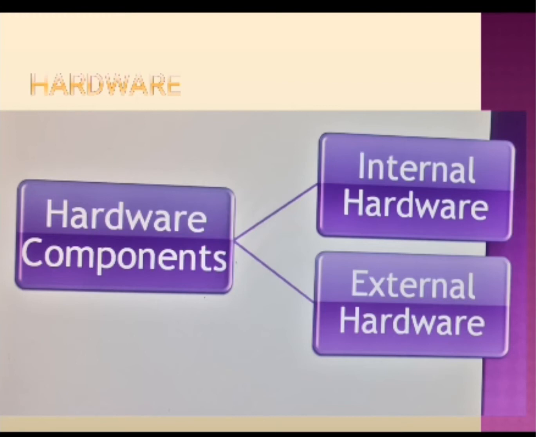And the hardware components that are fitted inside the computer's system unit are called internal hardware. Here you can consider the example of CPU, motherboard, drives, power supply, RAM, etc. Your external hardware is categorized into input devices, output devices, storage devices and communication devices. And this chapter is based on computer external devices.